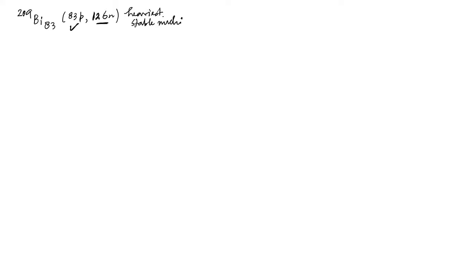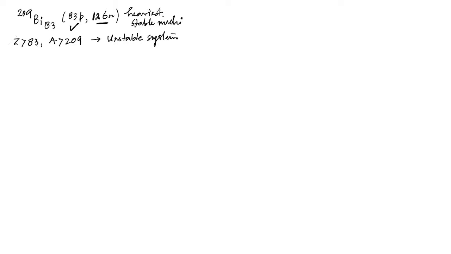So if we have Z greater than 83 and A greater than 209, then in this case we are not going to have a stable system; we are going to have an unstable system. System means the nuclei, what we are talking about is the nuclei. So what happens in such cases?